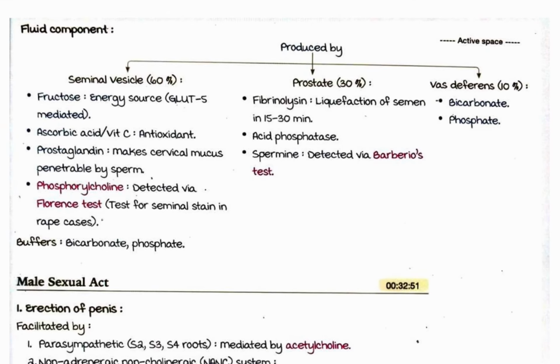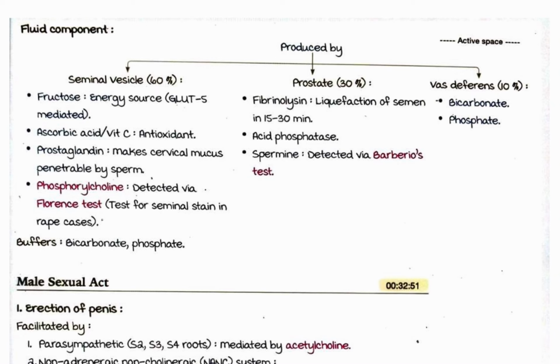The fluid component of semen is 60%, produced by the seminal vesicles. What does it produce? Fructose is the energy source, GLUT5 mediated. Ascorbic acid, vitamin C, is the antioxidant. Prostaglandin makes the cervical mucus penetrable by sperm.